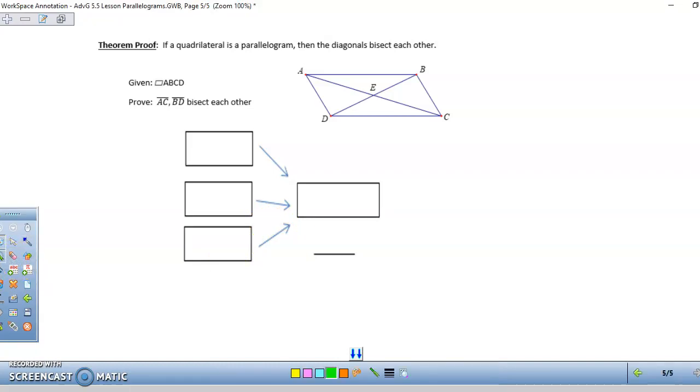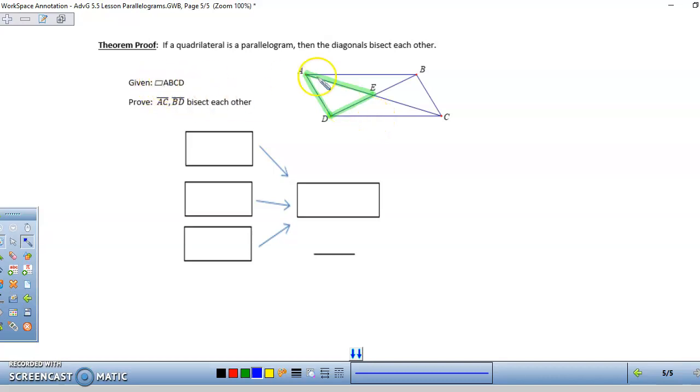So let me highlight, if I'm doing diagonals bisect each other, I'm really going to just isolate one of these little triangles. And we're going to figure out why that green triangle is congruent to this other guy over here. And then using CPCTC, we can get these segments congruent. Okay, so we're going to go through marking the picture again.